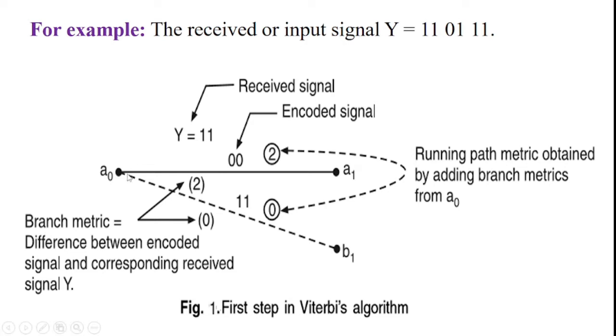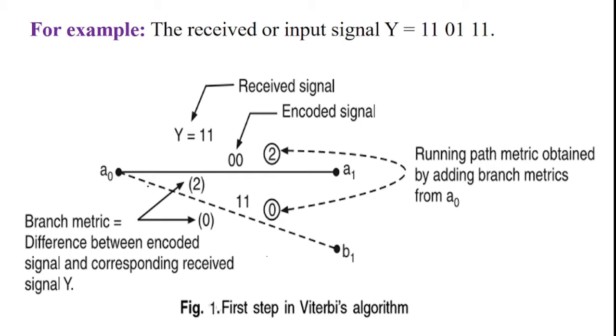In this diagram, the solid line represents that message bit M0 equal to 0 is to be transmitted, and the dashed line represents that message bit M0 equal to 1 is to be transmitted.